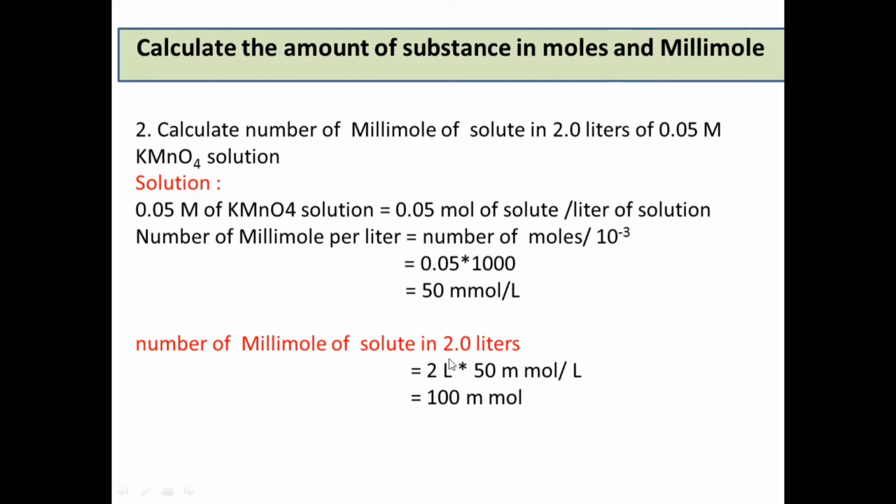Here the quantity is given: 2.0 liters into 50 millimoles. So the answer is simply 100 millimoles. This is a simple calculation, because we have already calculated the number of millimoles per liter. If you have to calculate the number of millimoles in 2 liters, the 2 liters is multiplied by 50, because this quantity is for 1 liter. So the answer is 100 millimoles.